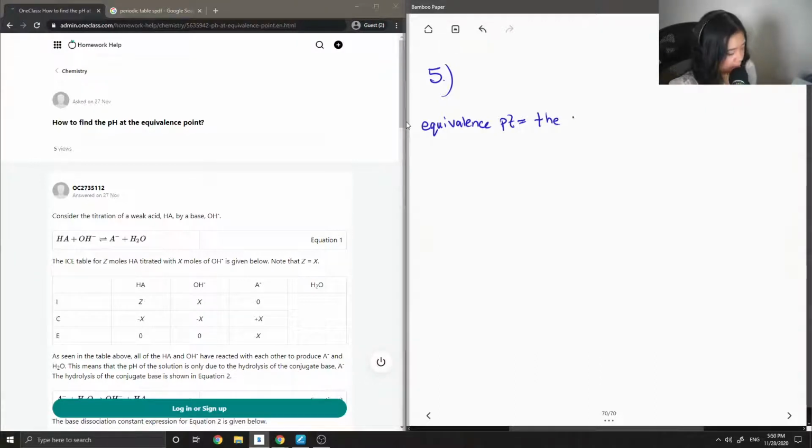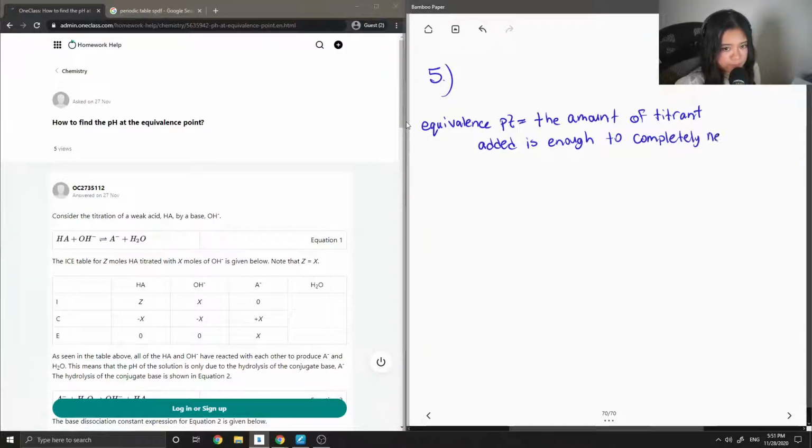So this happens when the amount of titrant that is added is enough to completely neutralize the analyte solution.